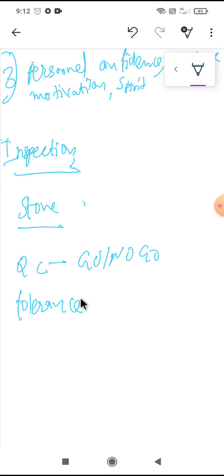So quality was thus precisely defined using devices such as plug gauges and ring gauges, etc. Now, there's a tendency for individual consultants and organizations to name their own unique approaches to quality control. A few of these have ended up in widespread use. So we'll see all the approaches.